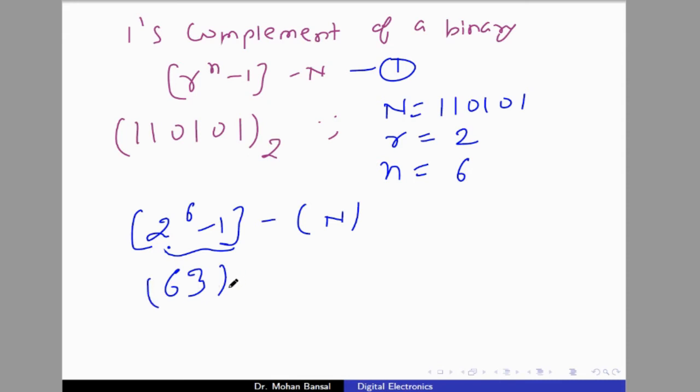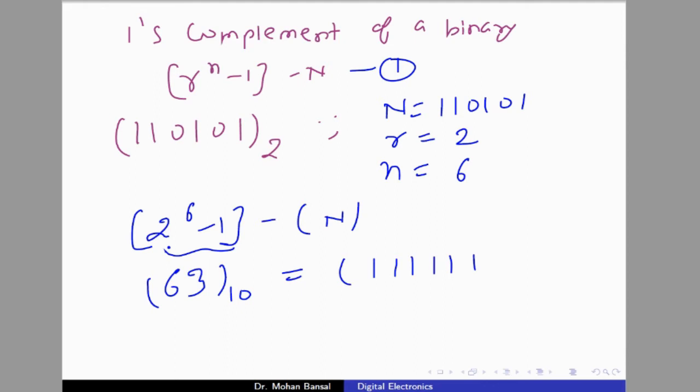So 63 in decimal. Because here we are going to do binary operations, we need to convert this decimal number into binary with the help of decimal to binary conversion, and we will get 1 1 1 1 1 1. Here you can understand it in this way.